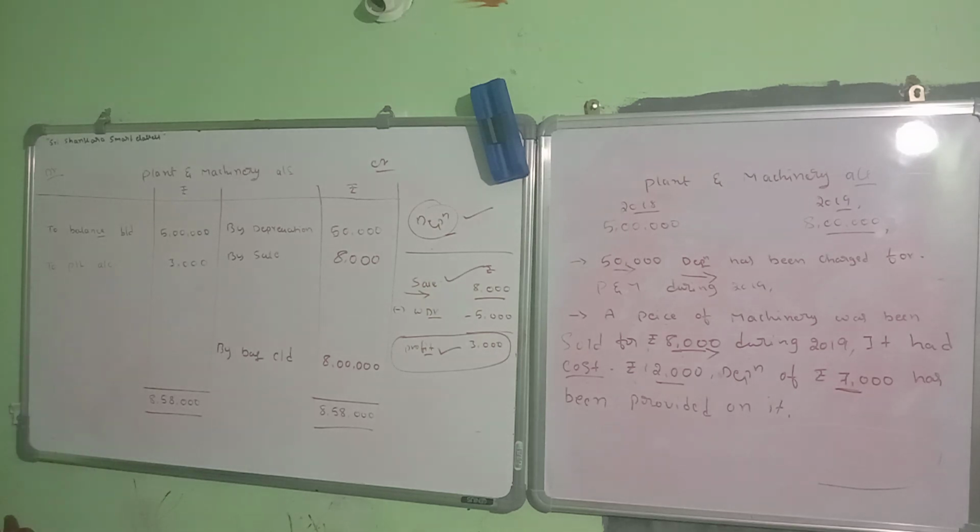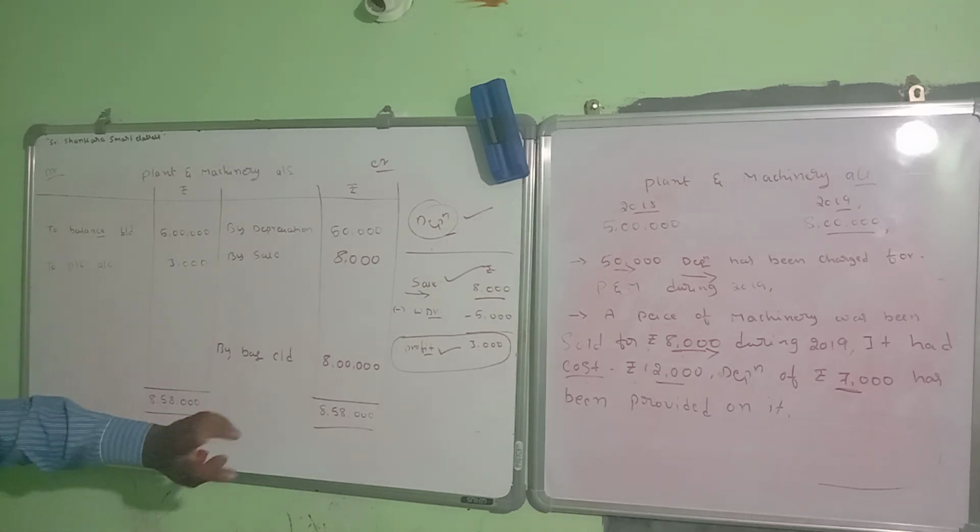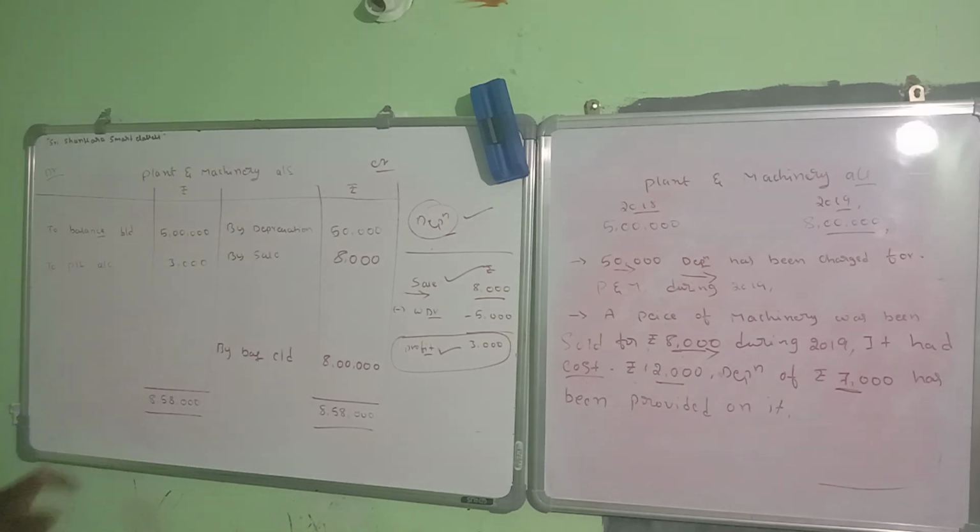What are the maximum entries that will come? Purchase, sales, profit or loss, and depreciation. Depreciation is already recorded, sale is recorded, profit is recorded. So the balancing figure will come on the debit side. It leads to purchase or to bank account, the balancing figure.